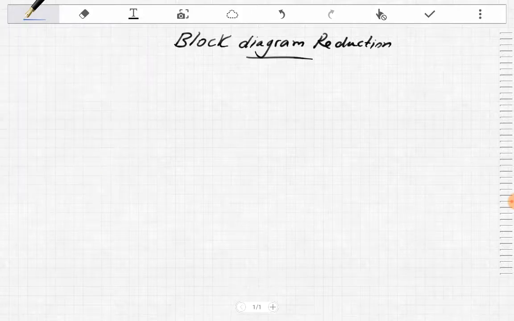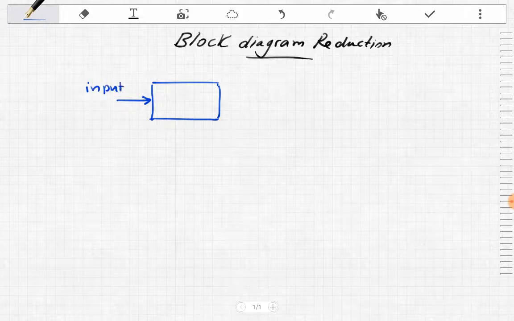A block diagram is a graphical method to represent the relationship between the input signal and the output signal, and what you have inside is the transfer function.